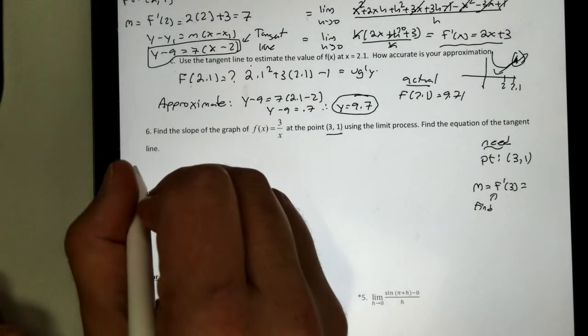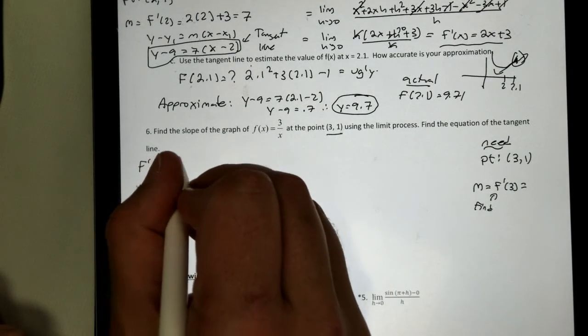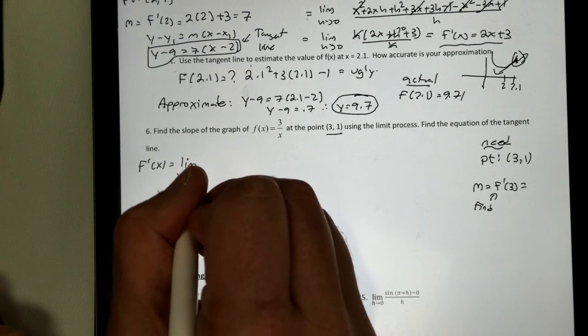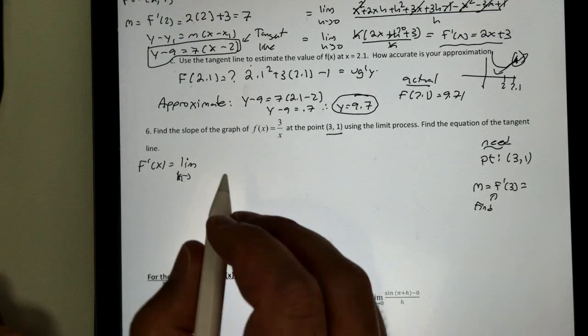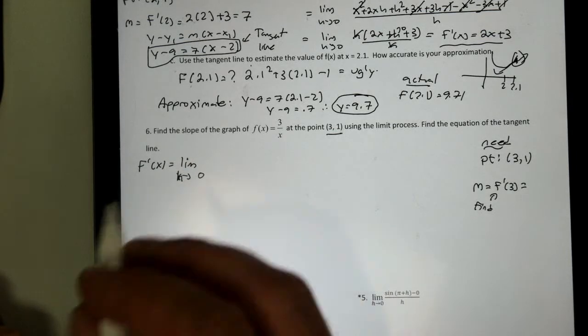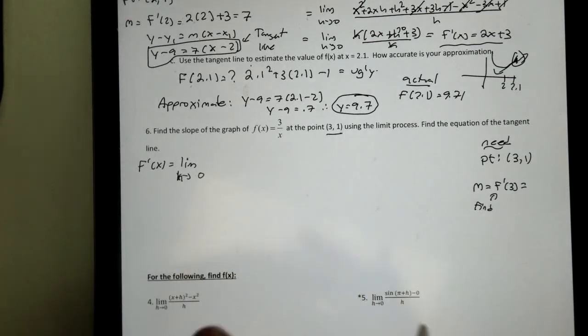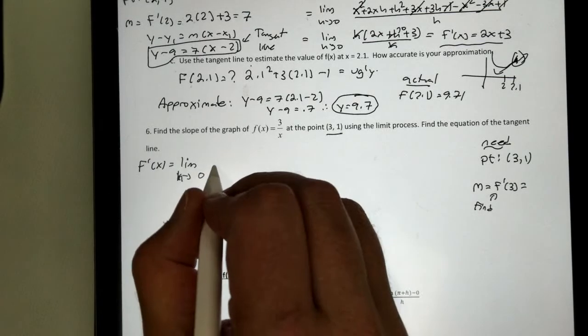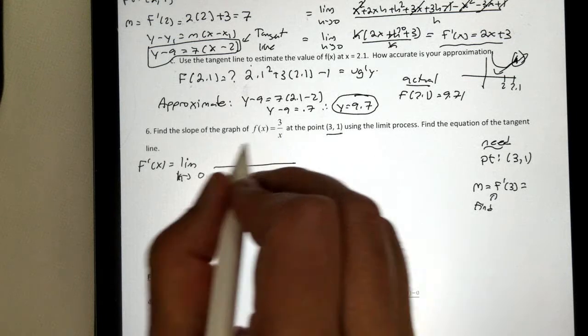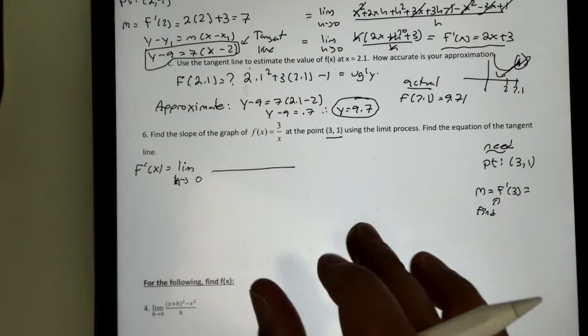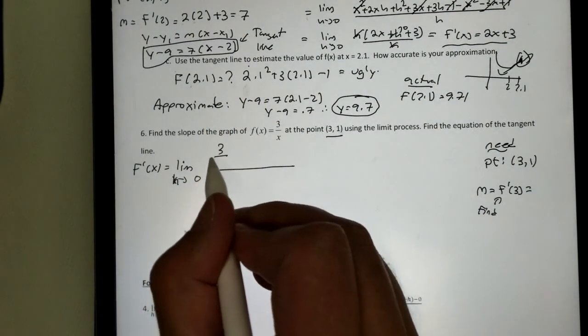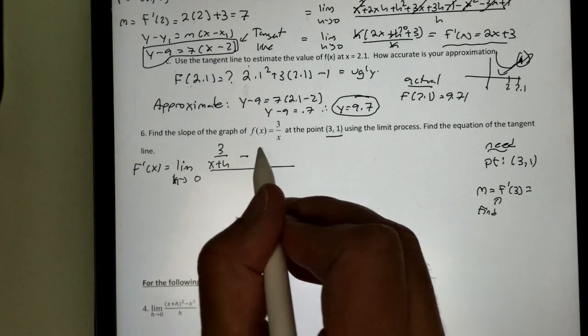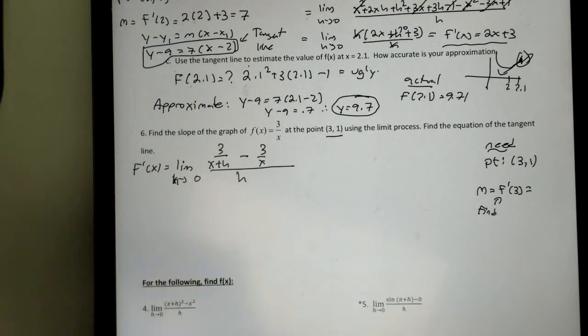So we're going to take the derivative. f prime of x is the limit as h goes to 0. Remember, h is our change in our x values. When I plug this in, everywhere there's an x, I plug in an x plus h. So we're going to get 3 over x plus h minus the OG, 3 over x, all over h.